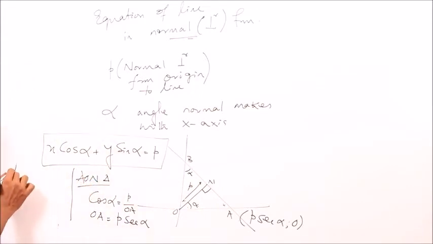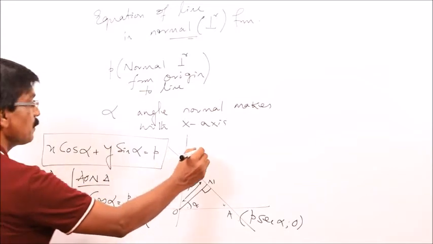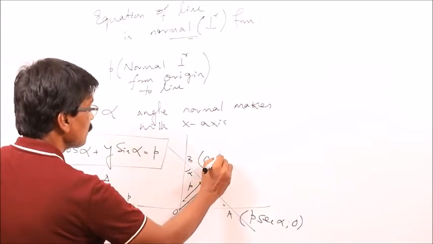Similarly, in triangle BON, sin alpha is equal to p by OB. So OB is equal to p cosec alpha. So the B point is (0, p cosec alpha).